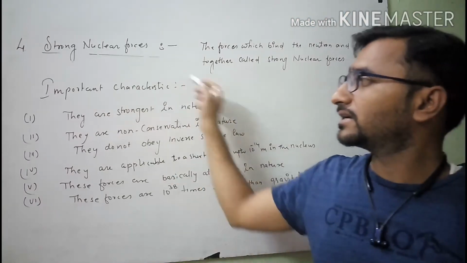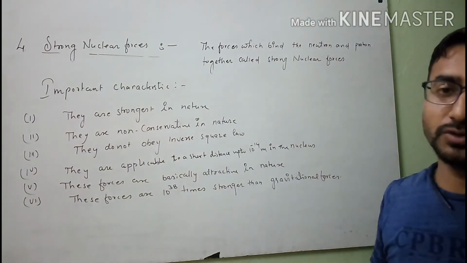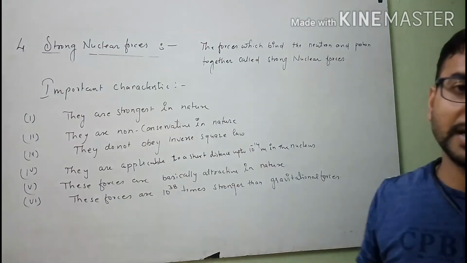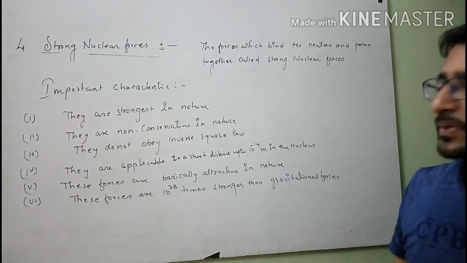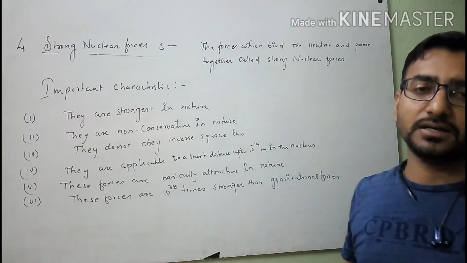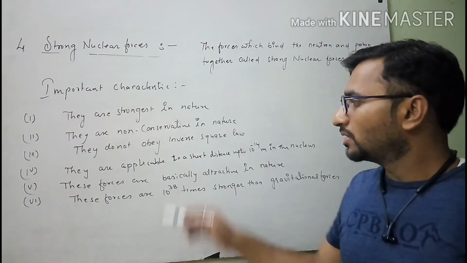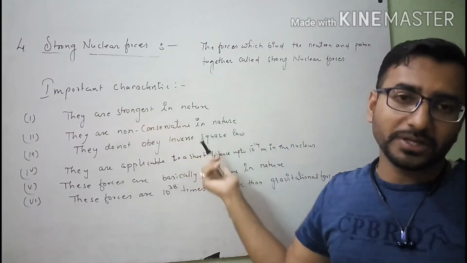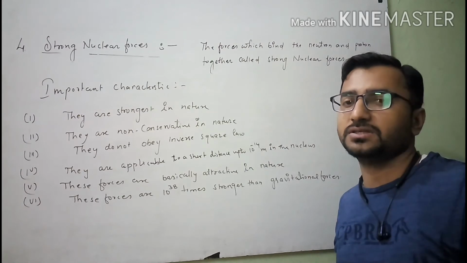So student, you can see here the important characteristics of strong nuclear forces, which I have written in front of you. First, you know that these forces are strongest in nature, and second, these are non-conservative forces, as the weak nuclear forces also are. Next, they do not obey the inverse square law. Weak nuclear forces also do not obey the inverse square law.